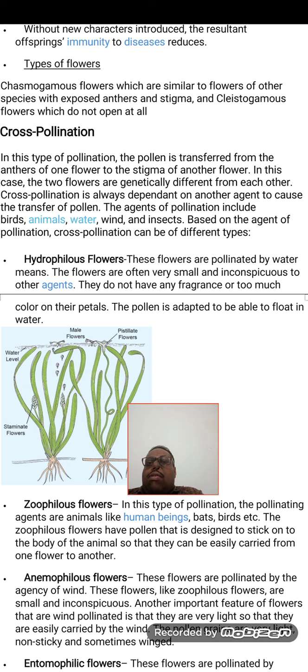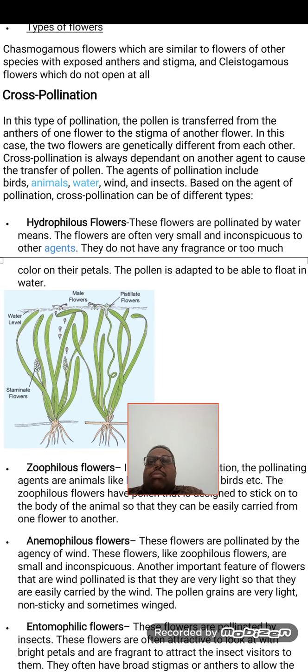They don't have any colors like the other flowers we see outside. They don't exhibit any of the characters we see in normal flowers. But again, these plants undergo pollination.